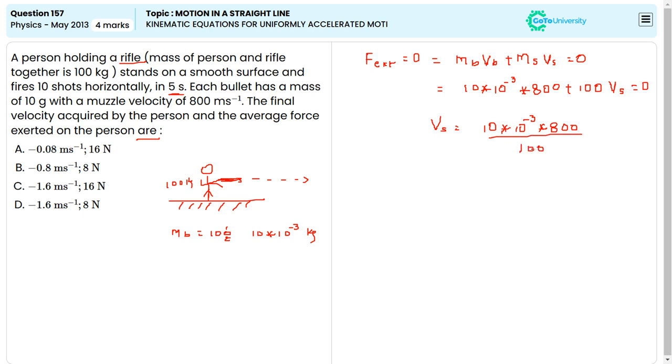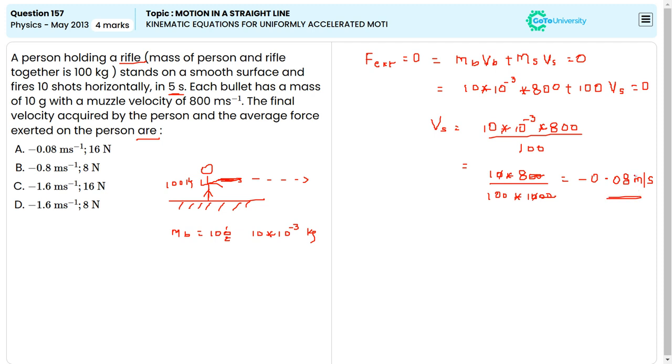This 10 to the power of minus 3 comes to the denominator. Then we can write 10 into 800 divided by 100 into 1000. Then 2 zeros and 1 zero get cancelled. 8 divided by 100 is nothing but minus 0.08 meters per second.